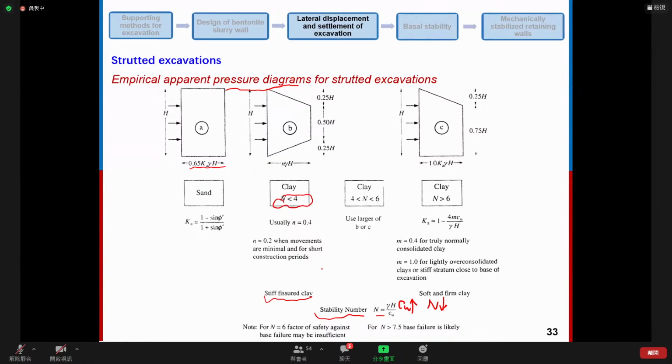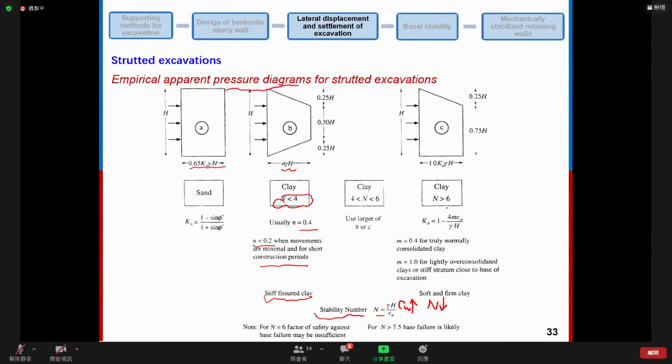And for the stiff clay, the apparent pressure diagram, we consider it to be of a trapezoidal shape. And the maximum intensity equals N times gamma H. And for N, usually we choose N equals 0.4. But for a short construction period, we choose N equals 0.2.